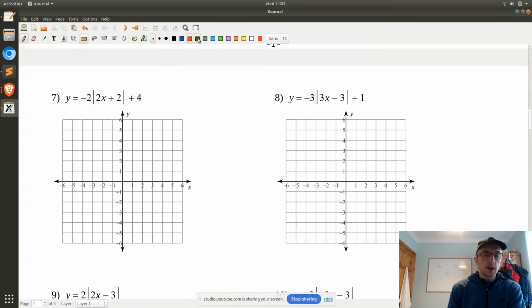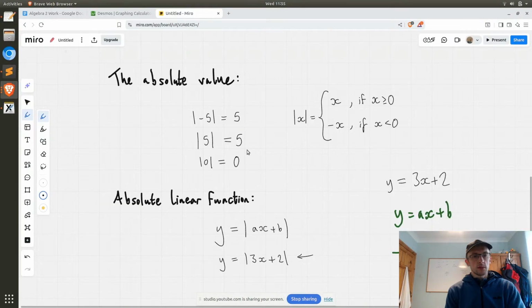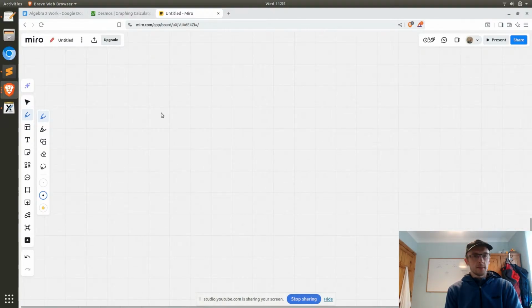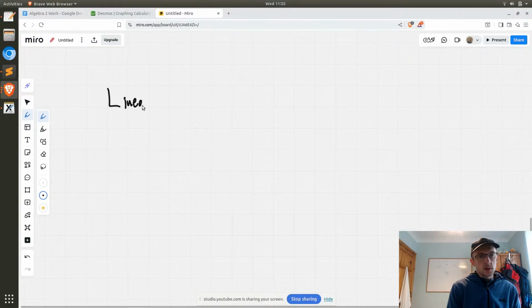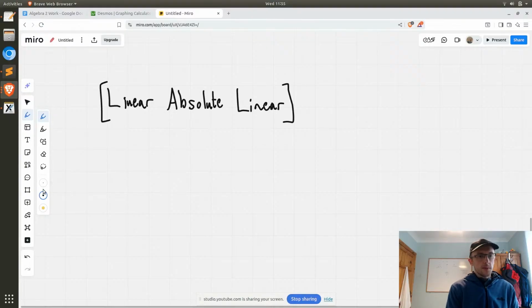Right, so I'm going to build it up. Oh, what's the general name? This is called linear, absolute linear. Okay, when it looks like this.